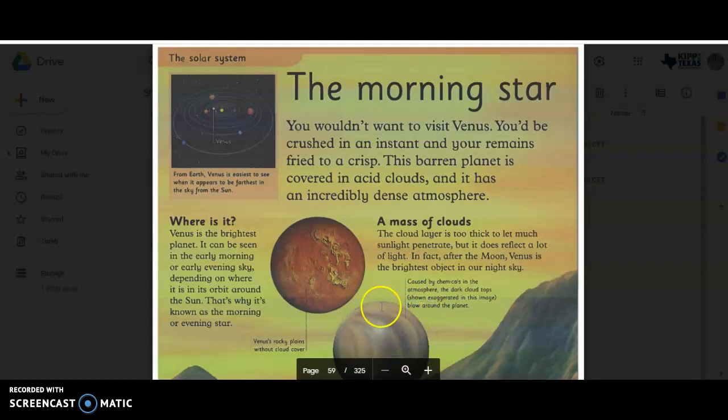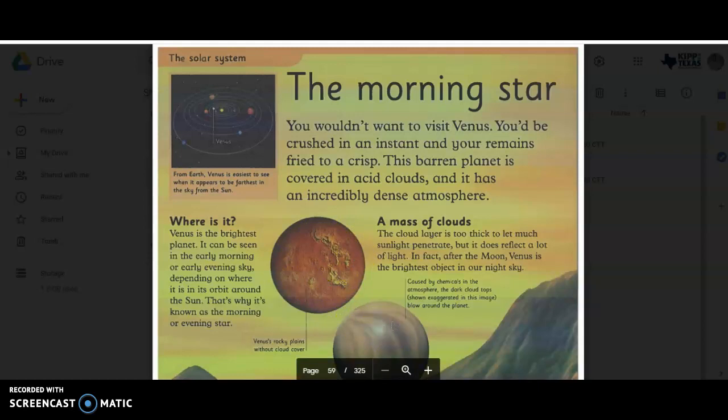So those are kind of like clouds blowing around the planet you can see in the illustration. And then if you look at the next illustration, it says Venus is rocky plains without cloud cover. So if we took the clouds off of Venus, this is what it would look like with no clouds on it. This is what Venus looks like with its clouds.